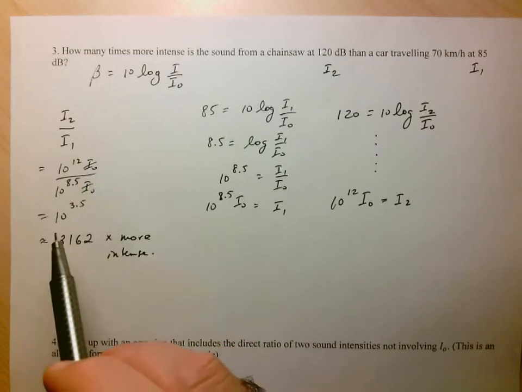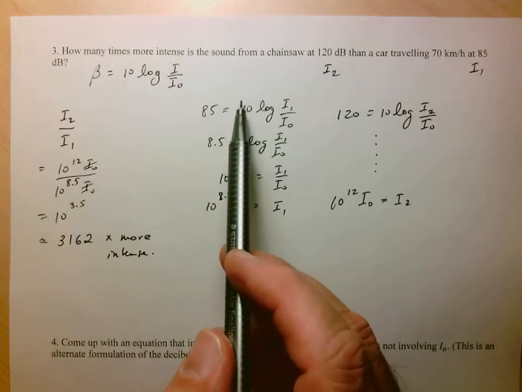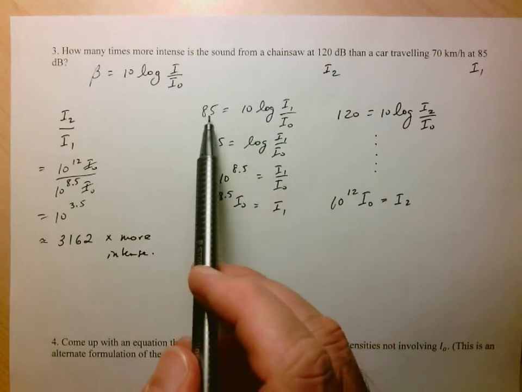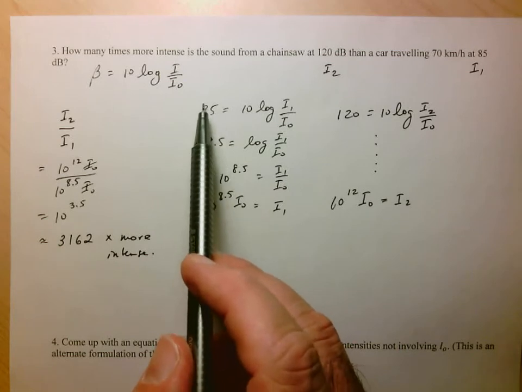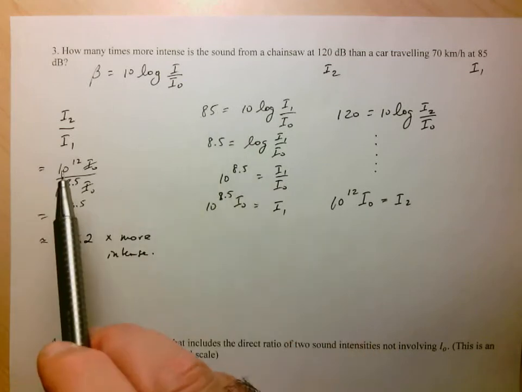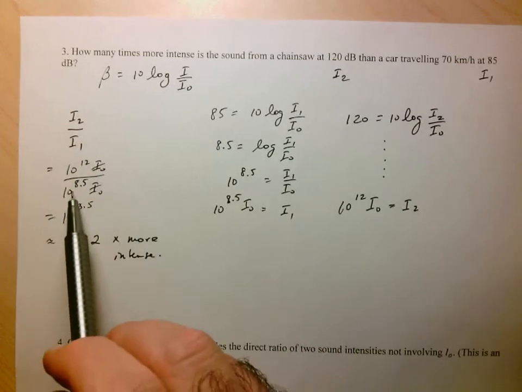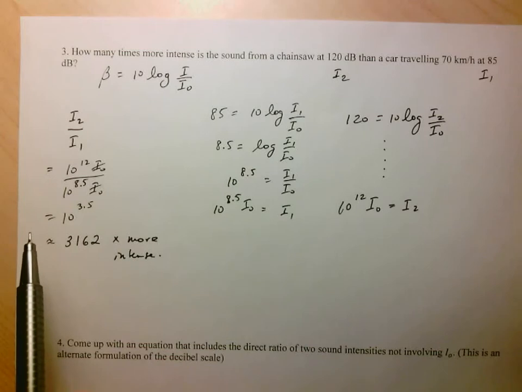Now you have to be careful, because the decibel equation has this coefficient of 10 in front of the logarithm, so it wasn't actually the subtraction of the decibel levels, it was the decibel levels divided by 10. So 120 divided by 10 is 12, and 85 divided by 10 was 8.5.